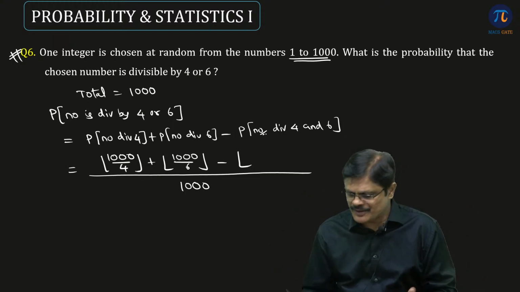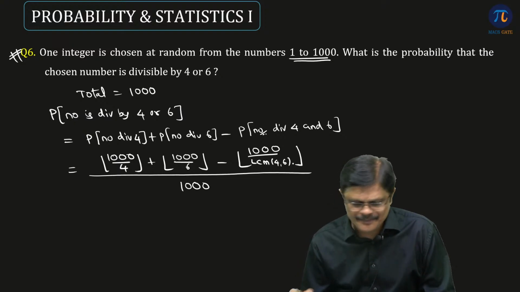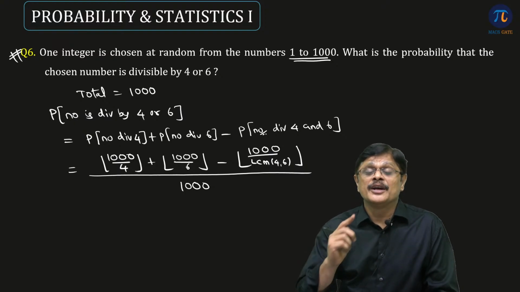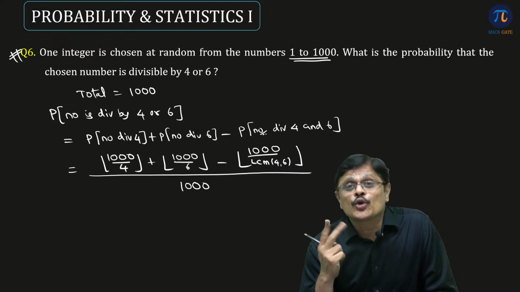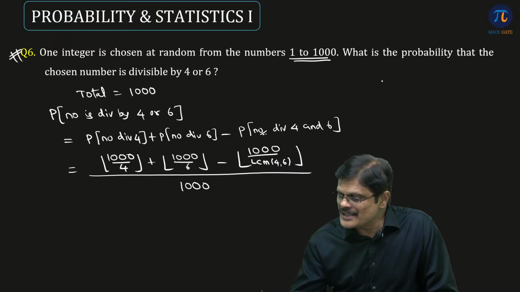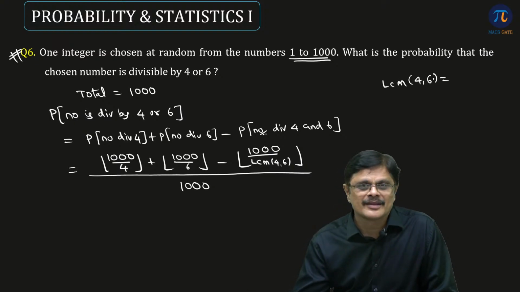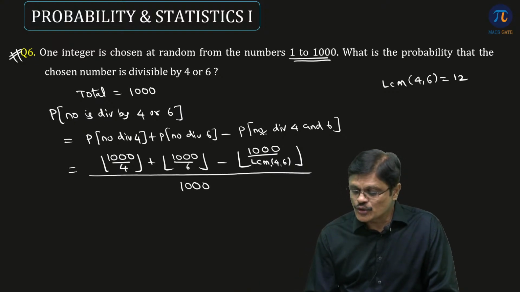That is very impossible. So that is given by 1000 divided by the LCM of 4 and 6. Whenever you want to know how many are divisible by both numbers, take the total divided by the LCM of the numbers. And what is the LCM of 4 and 6, Babu? Least common multiple. That is 12. So 1000 by 12.